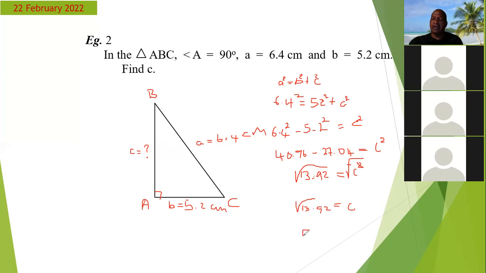You can put C on the left-hand side, and you can write square root of 13.92 on the right-hand side. So you can flip once you're closer to the end. That's the best time to flip, because sometimes flipping can be confusing if you try to do it further up in the solution process.